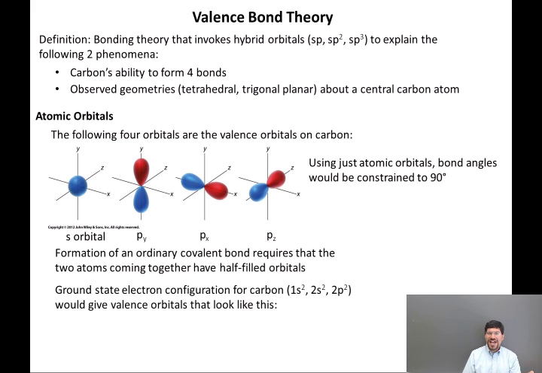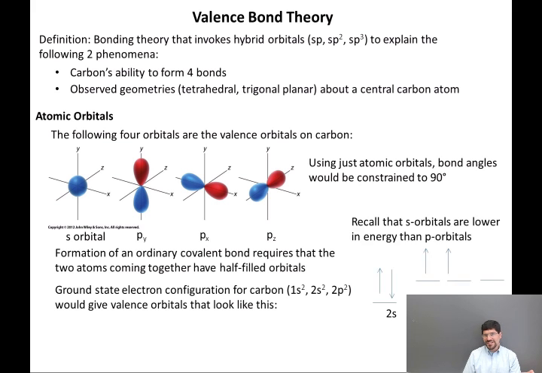That would give valence orbitals that look like this then. We would say that the 2s would be completely filled, and then of the 2p's, which are higher in energy than the 2s orbitals, we would have an electron in each of 2 of those 2p orbitals, and one of them would be completely empty.